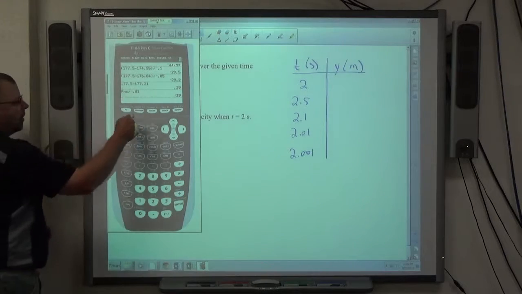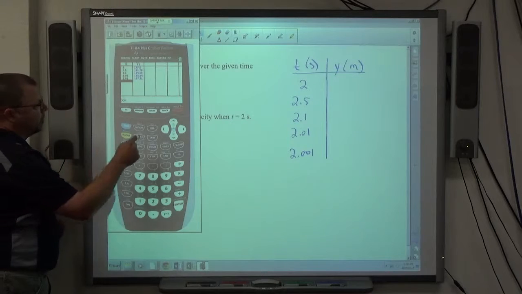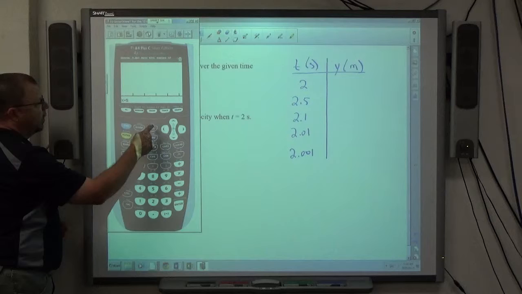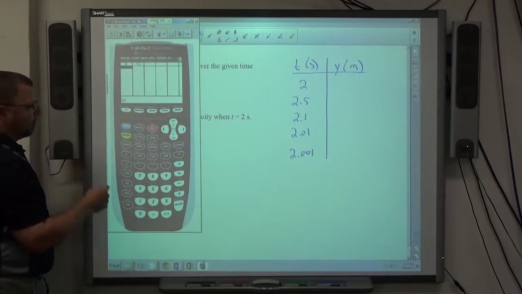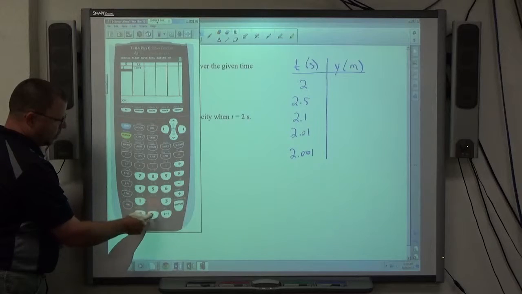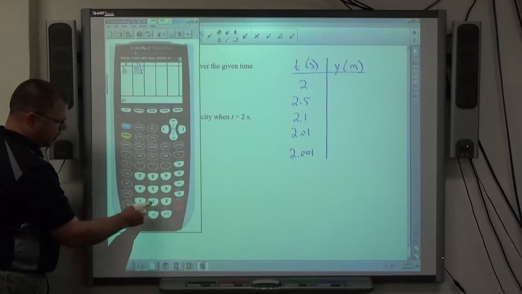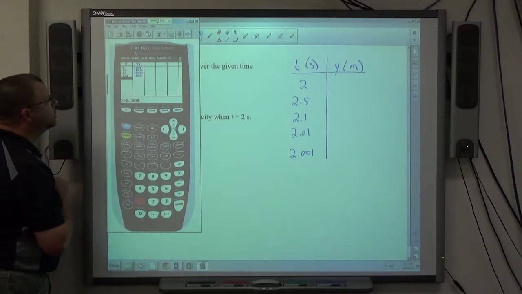So I go back, and my equation's as it should be. Go to my table, clear out all the numbers here because they don't matter to me anymore. Delete, delete, delete, delete, delete. And we put in our new numbers. 2, 2.5, 2.1, 2.01, 2.001.